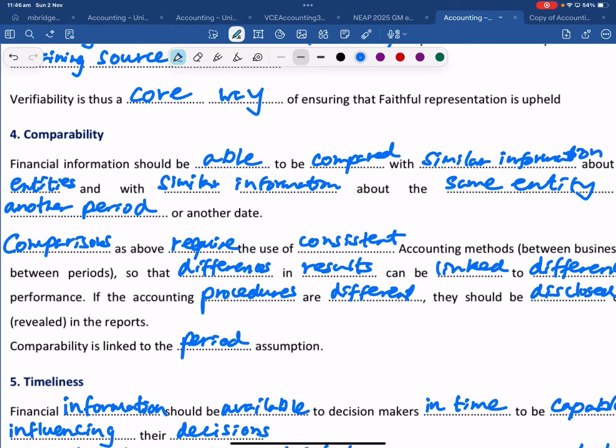That means we should have run the same practices. For example, both of you guys are into sports. You play cricket, you play basketball. Let's say you are playing a match this week and another match next week. Would you have the same set of rules or different rules?